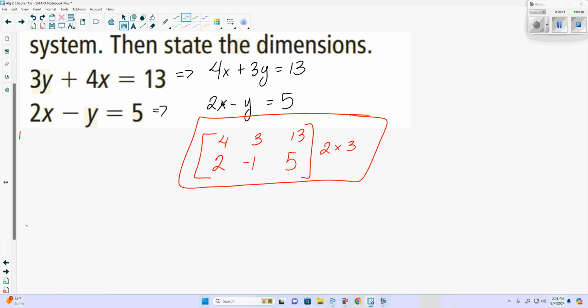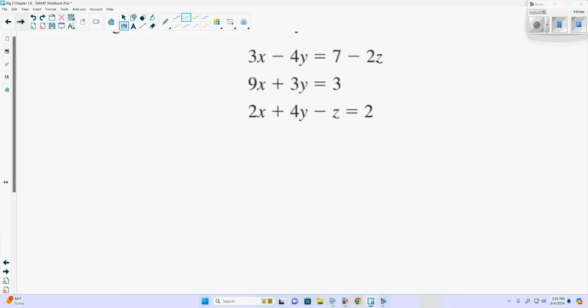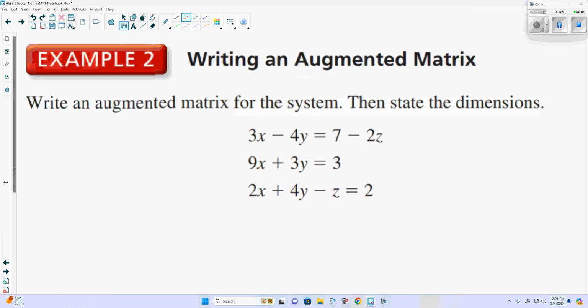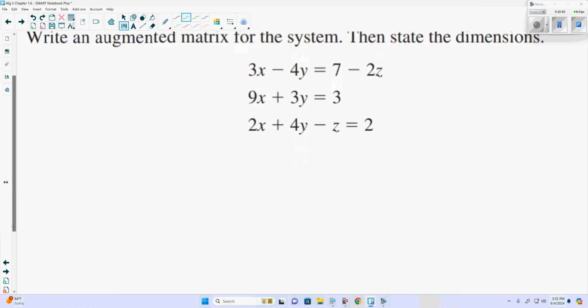We're ready for the next part. So now we have x, y, z. Now the top equation. Wait, no, it's 3 by 4. So the top equation, z is on the wrong side, yes? Okay, so let's write this off to the side. 3x minus 4y equals 7 minus 2z.